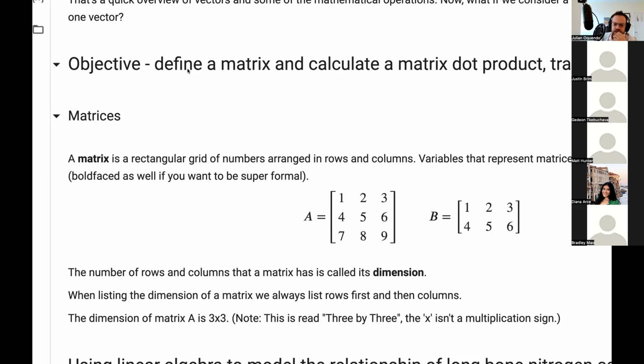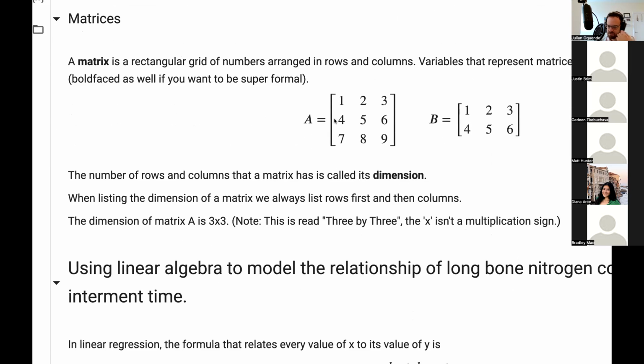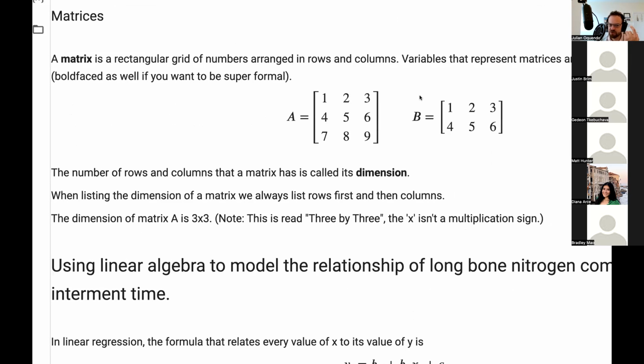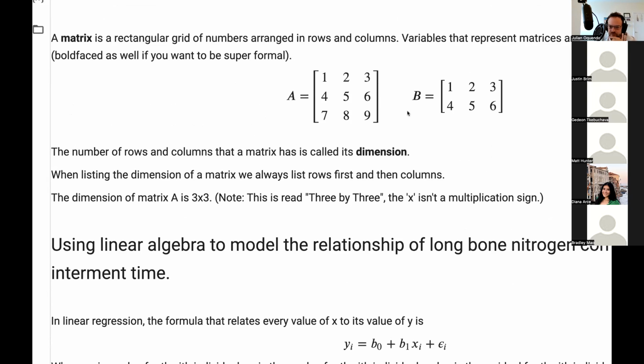A matrix, if you remember, is essentially a rectangular grid of numbers, where we can think of the values and their arrangement as rows and columns. The values can be square in nature. In other words, you can have the same number of rows and columns, or you can also have different numbers of rows and columns.